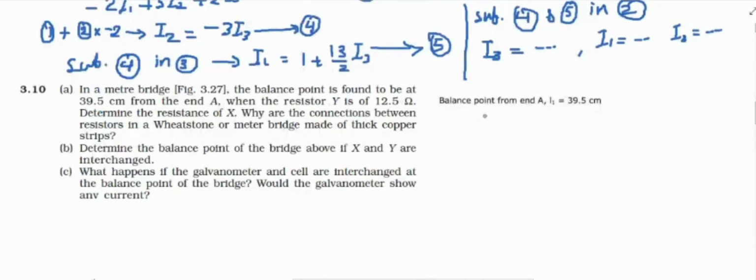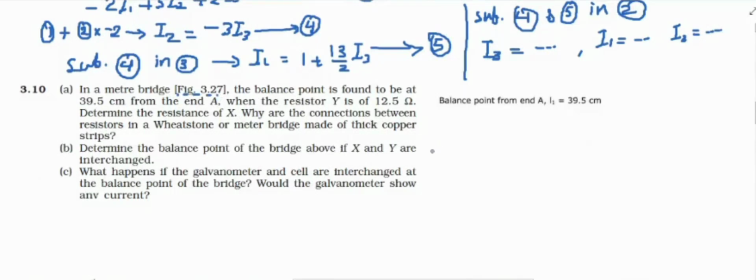Then next question, in meter bridge, the balance point is found to be 39.5 centimeter. You can take it as L1 from NDA. When the resistor Y of 12.5 ohm, the resistor in the other gap, determine the resistance X. Here one figure is mentioned, that's not very clear.